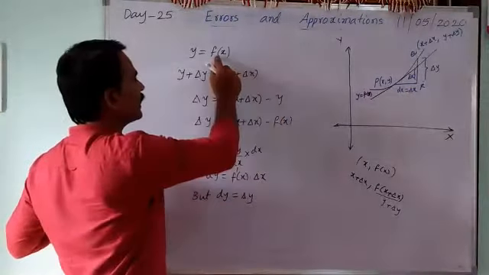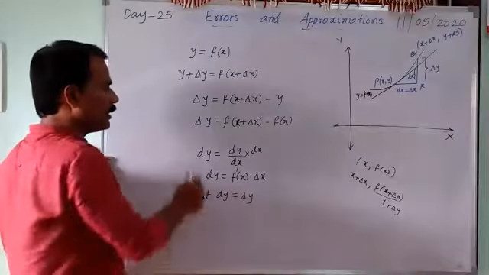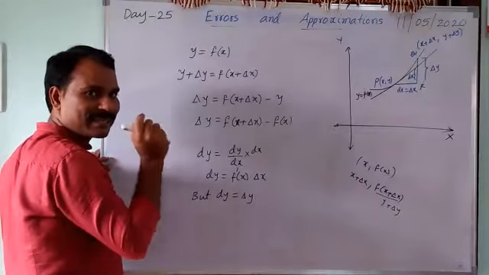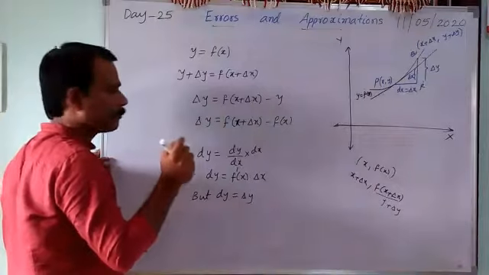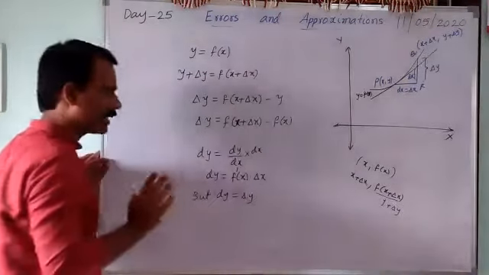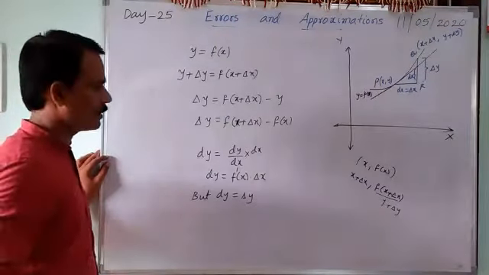What is y? It is f of x. Now we got delta y, which means the change in y. So delta y is equal to f of x plus delta x minus f of x.